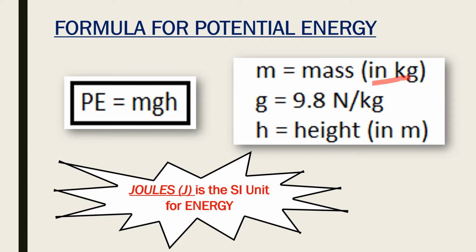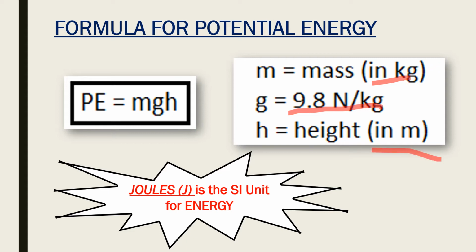G stands for gravity or acceleration due to gravity, with a standard value of 9.8 Newton per kilogram. It will never change. This is the standard value for acceleration due to gravity, 9.8 Newton per kilogram, as well as height, that is always in meter.